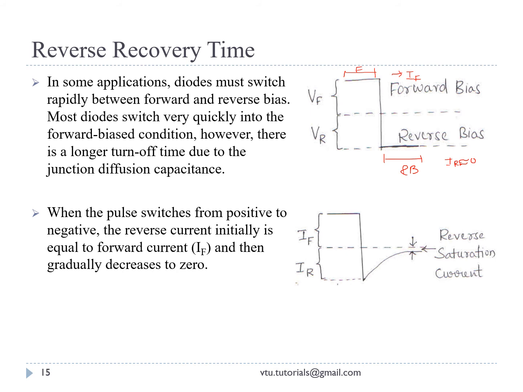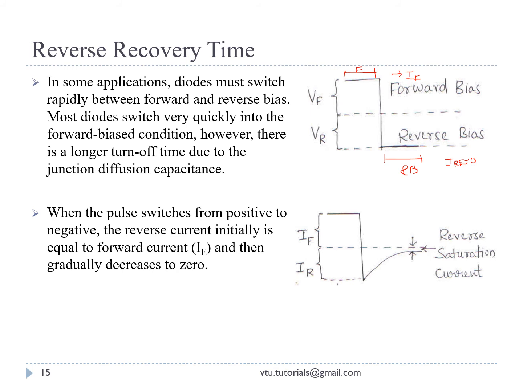In this case, with the pulse, the current reduces from IF to some value. There will be no sudden fall from IF to 0. There will be a slow reduction of the current from IF.